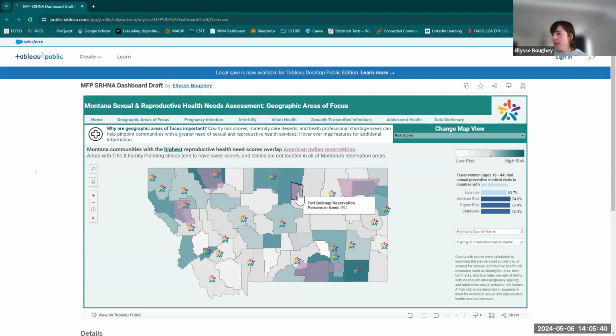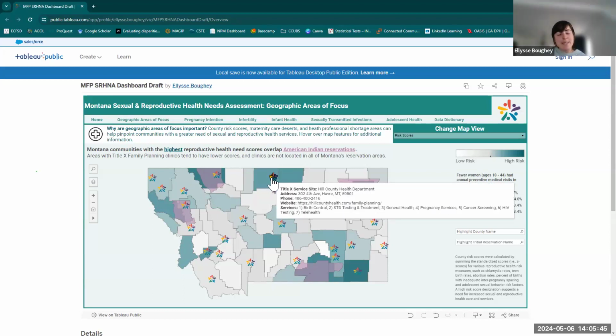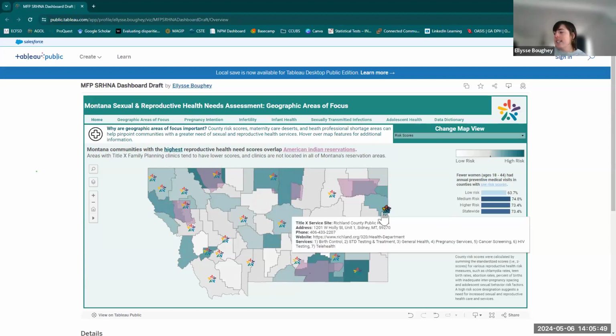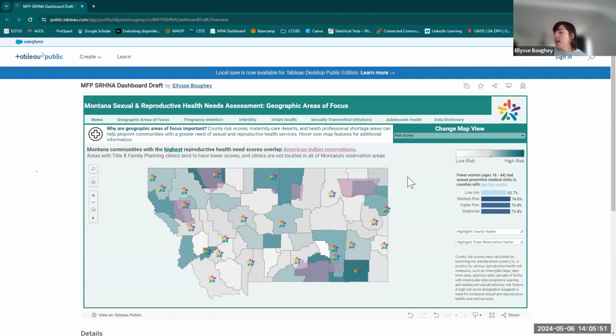And the other symbol that you see on this map, that's MFP's logo, and that represents the different Title 10 sites serving the state. So just kind of taking a step back and looking at some of these quick spatial patterns, you can kind of see some of those counties with higher risk scores tend to overlap American Indian reservations.